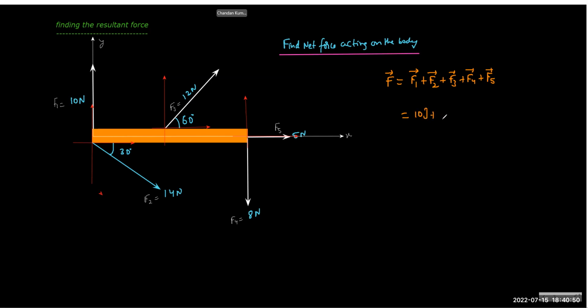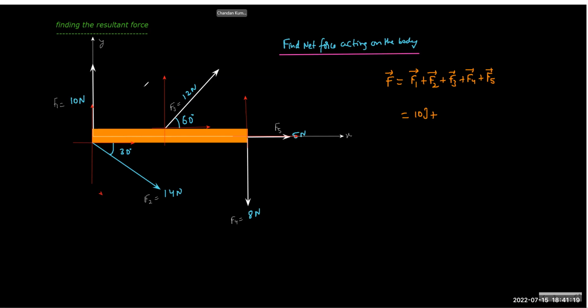Excellent. So what about F2? F2 is in which quadrant? Fourth quadrant, right? So if F2 is in the fourth quadrant, then its X component will be positive and Y will be negative. Am I right?